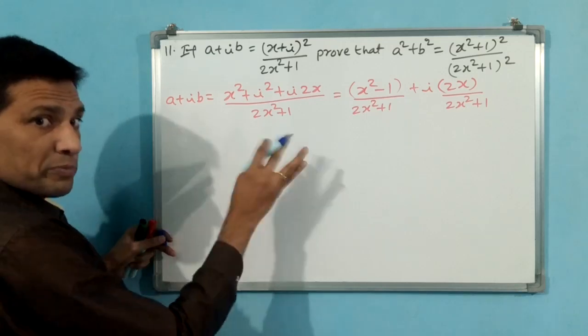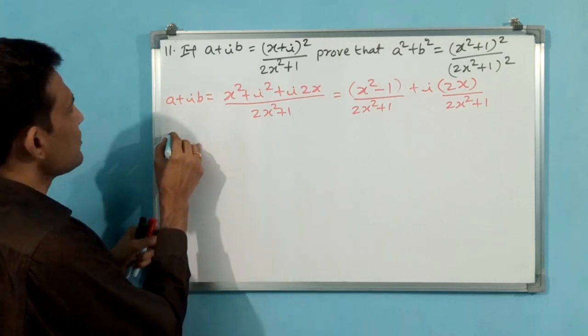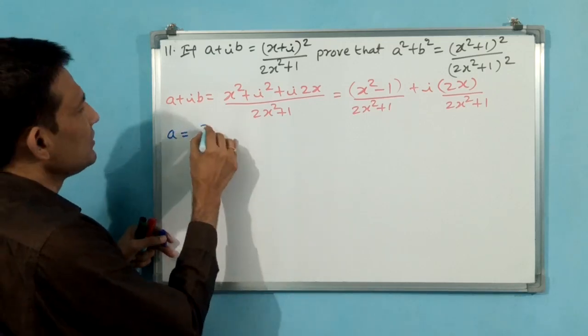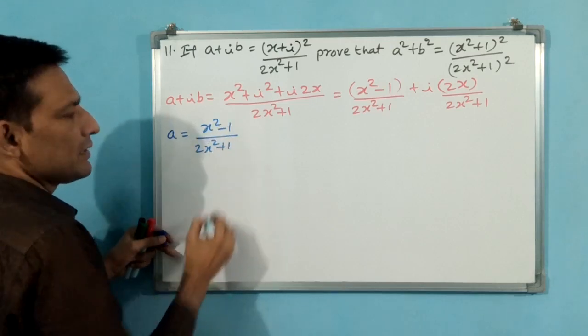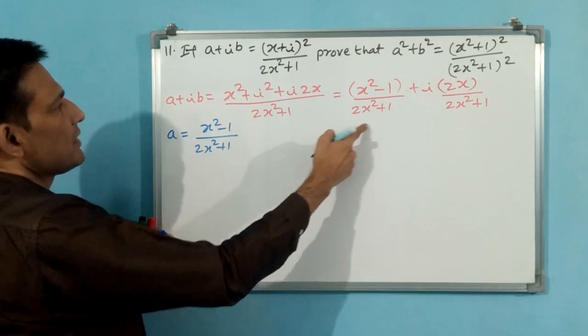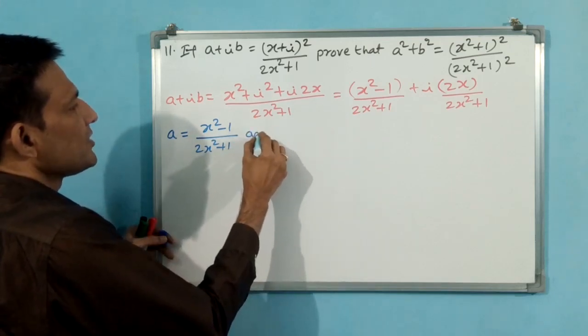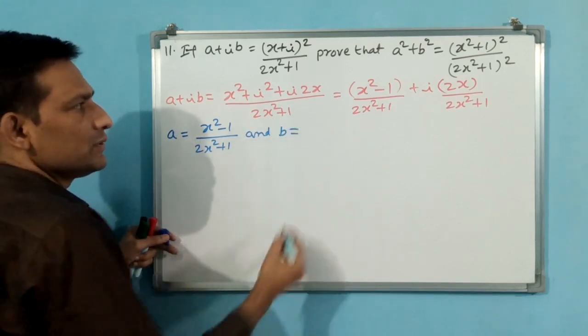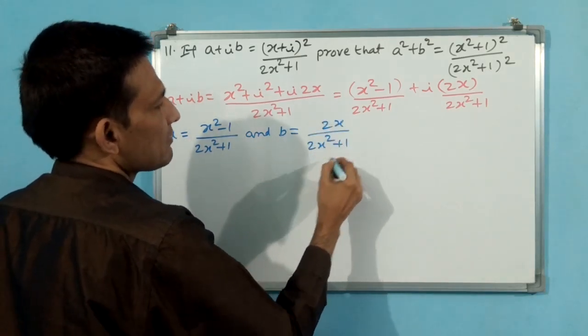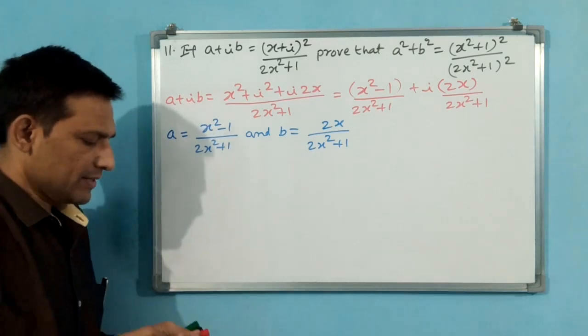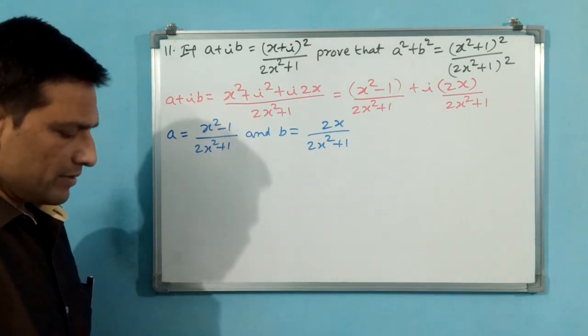You split and write. What I am doing, you see. a is equal to x square minus 1 by 2x square plus 1. This one. And b is equal to 2x by 2x square plus 1. Is it okay?